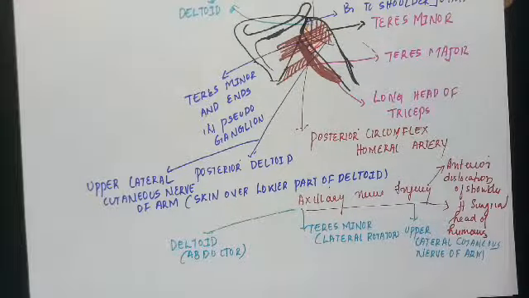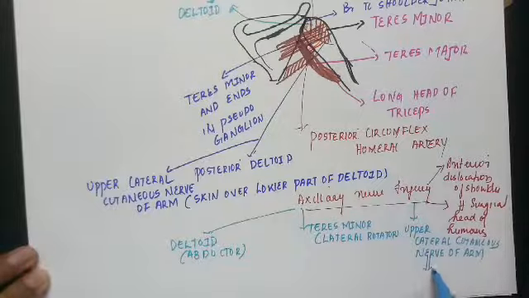So when the axillary nerve is injured, the nerve supply to these muscles is lost. The patient will not be able to abduct the shoulder. Lateral rotation is also not possible, and there is anaesthesia over the skin on the lower part of the deltoid, which is known as regimental badge anaesthesia.